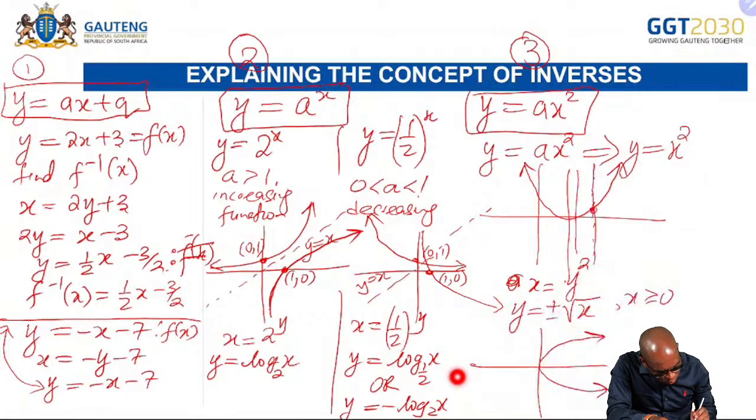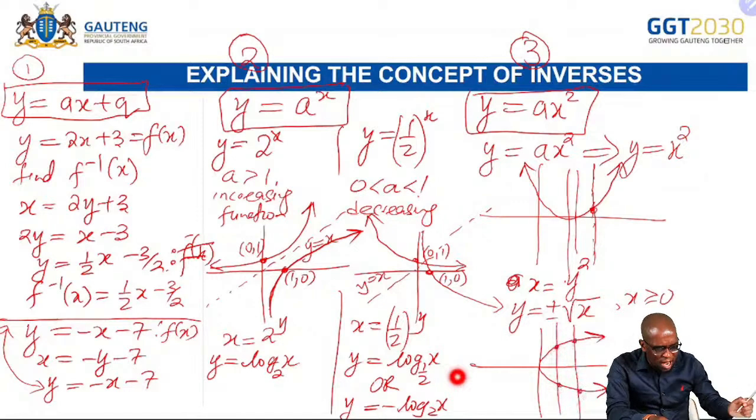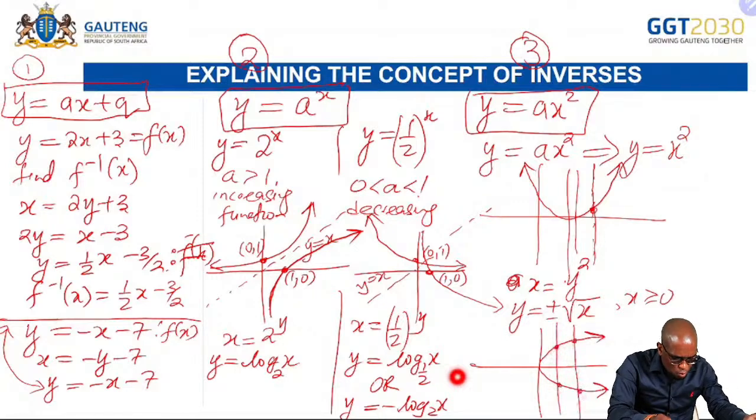Now if you put a vertical line on this one, you will see that there are some areas where the vertical line touches the graph in more than one place.